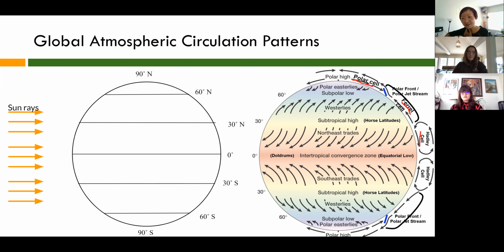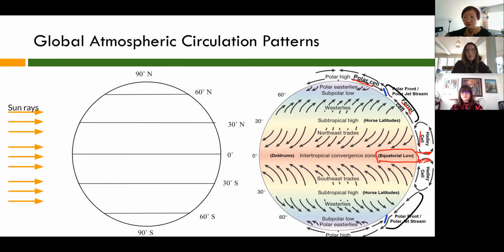This equatorial low is actually a thermal low, because the air is very, very hot at the equator. The warm air wants to rise, giving you this equatorial low.